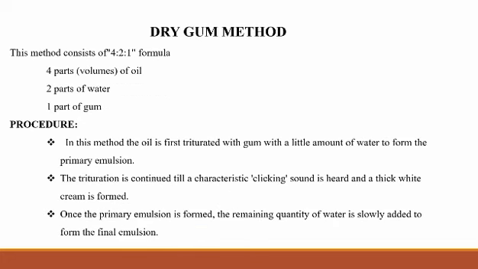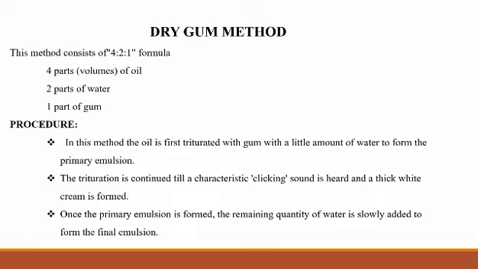The dry gum method is used to prepare stable emulsions. Mainly, this method uses a formula with a ratio of 4:2:1. We have to prepare two phases, the continuous phase and the dispersed phase, with two immiscible liquids, water and oil.